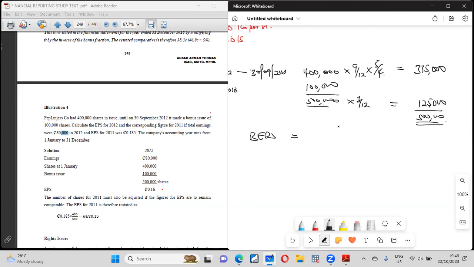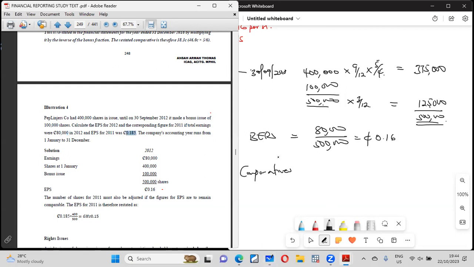So now you know that your basic earnings per share can be given by 80 all over 500. You check how you had your 0.2. All right. Then the comparative. So you know your bonus fraction.